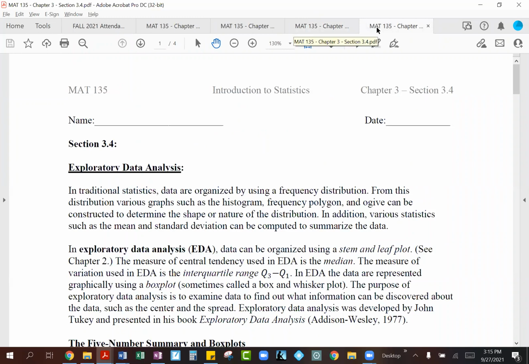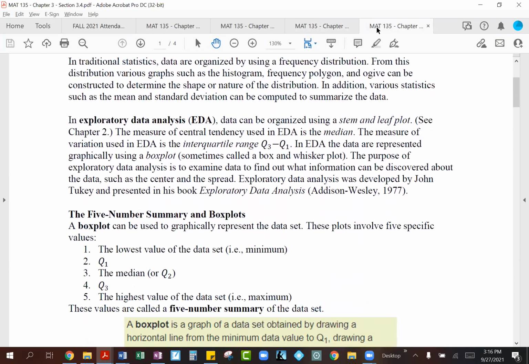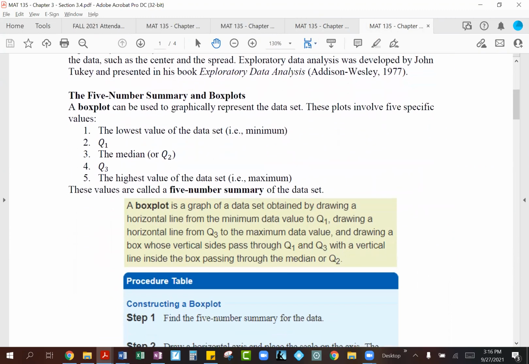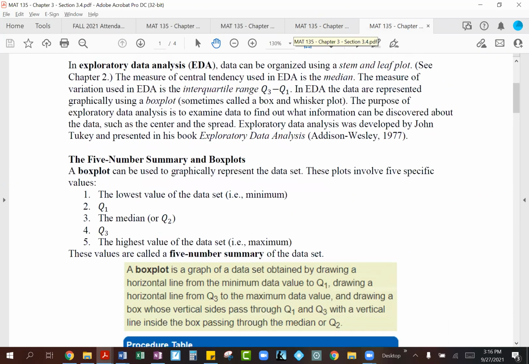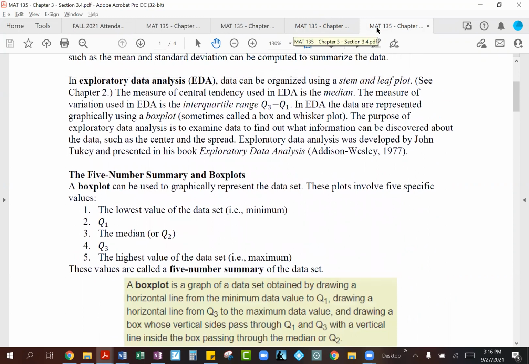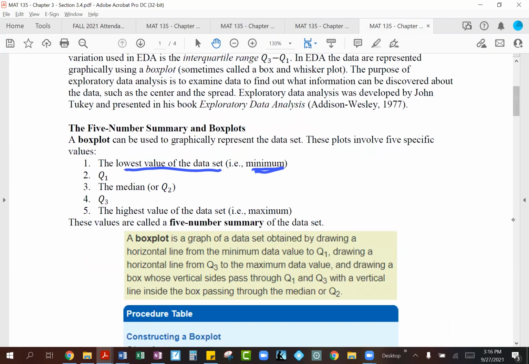So let's actually look at how we can use these ideas of quartiles, the interquartile range, when we come up with this 5-number summary and box plot. For the 5-number summary, we find the lowest data value in our data set, which is the minimum value.